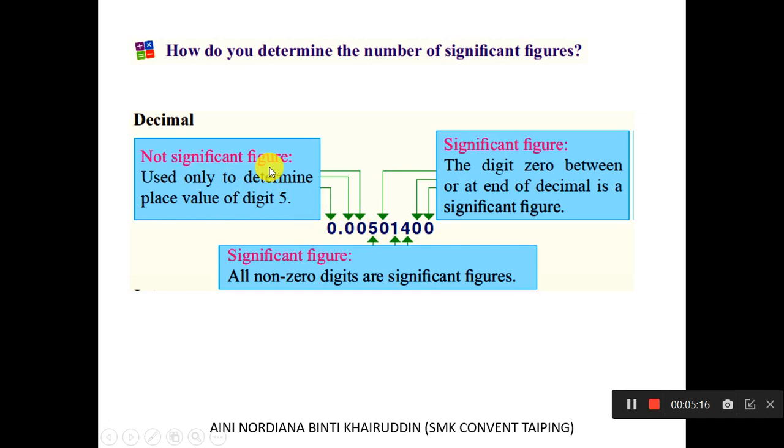Alright, not significant. The first non-zero digit, which is number 1 to number 9, is a significant figure, and a digit 0 between non-zero digits and at the end of the decimal number is a significant figure. Alright, so this is for decimal numbers.